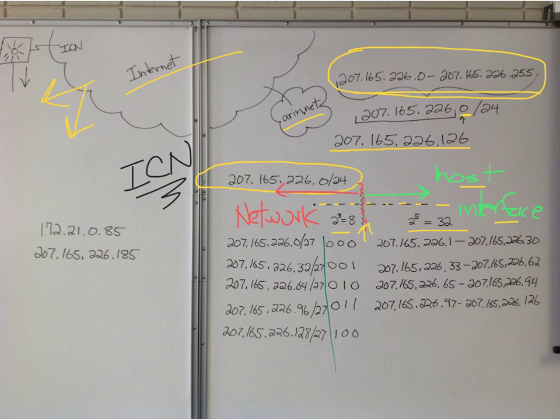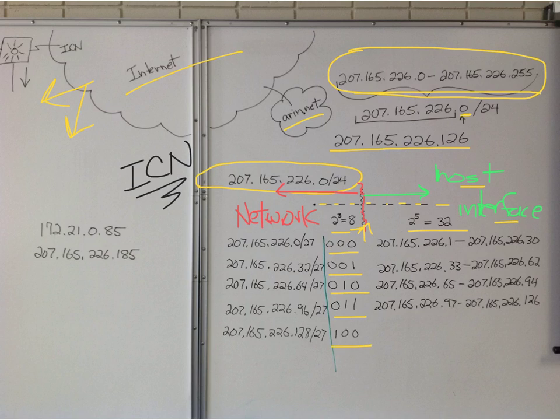Now those 3 bits can be divided up, you know, all the different combinations. 2 to the third is 8. So we have 8 combinations. So here's the first combination, 3 zeros, then 001, 010, 011, and then 100. So that's 5.